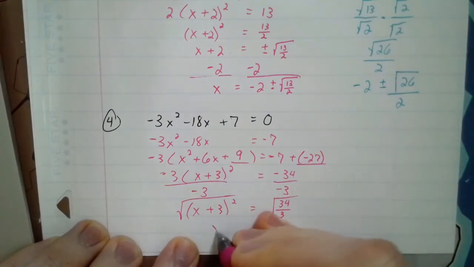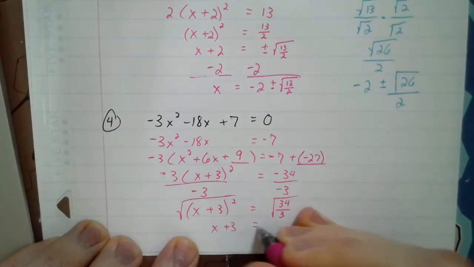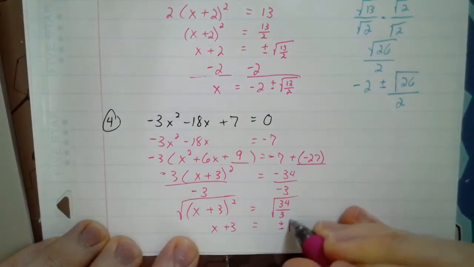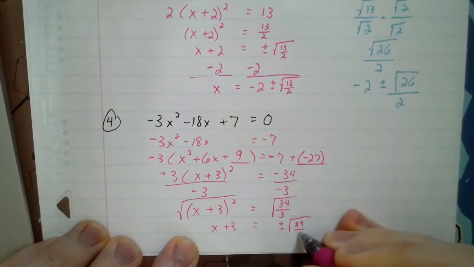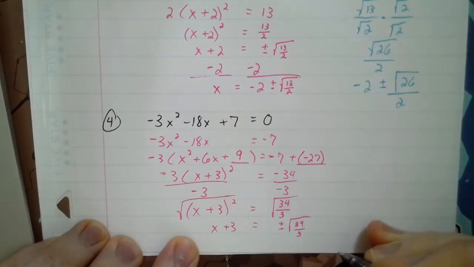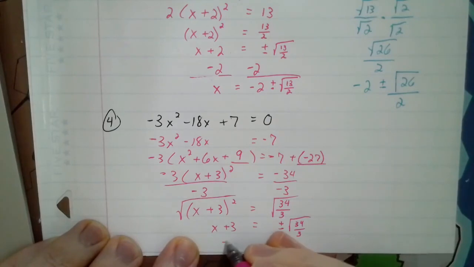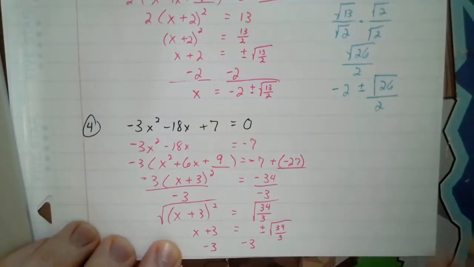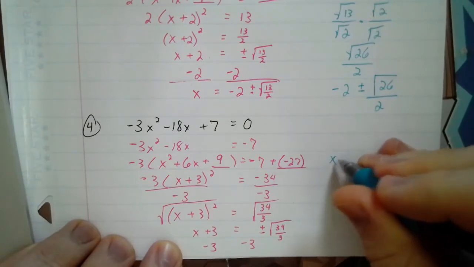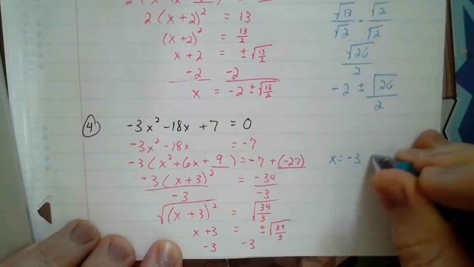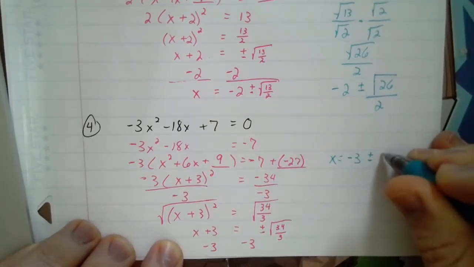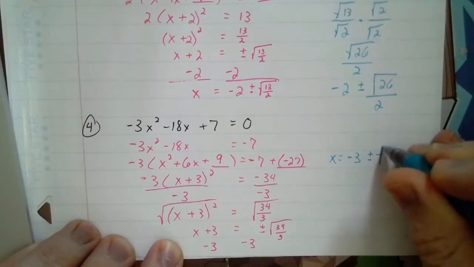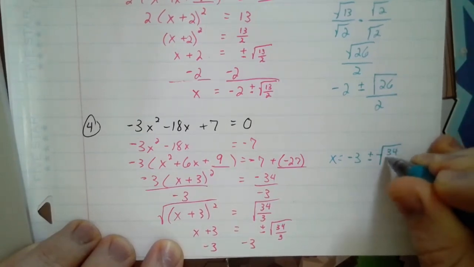End up with x plus 3 equals plus or minus the square root of 34 thirds. Okay. I'll go ahead and subtract 3 here, subtract 3 here, and then just to continue, I end up with x equals negative 3 plus or minus the square root of 34 thirds.